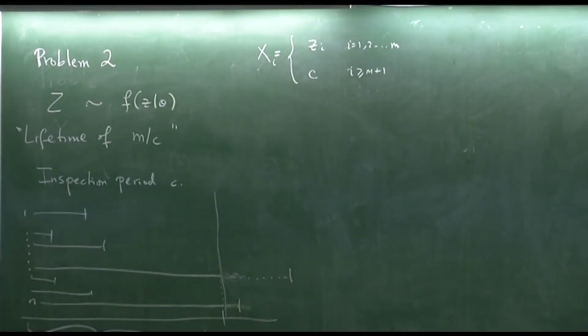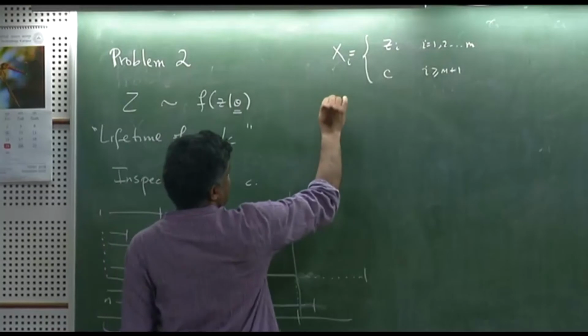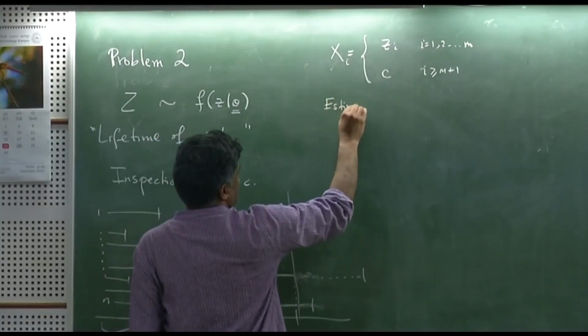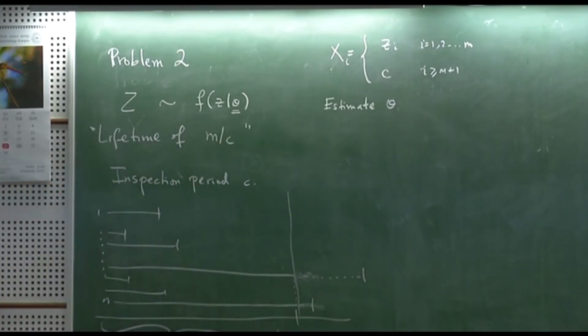So I'm observing this machine. I stop observing at time c, and at that point I don't know what to do because I don't have any more data. Right? What do I want to estimate out of this? I want to estimate this parameter theta.